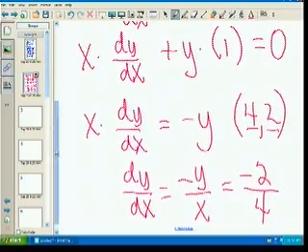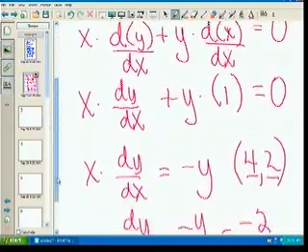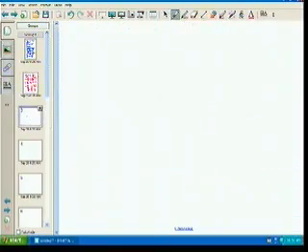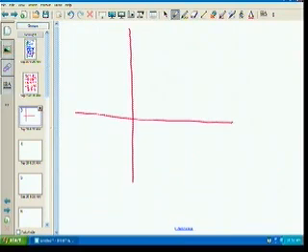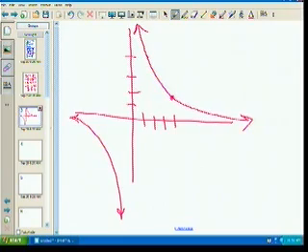So if we were to come back to our graph, is that on this page? No. It's not. Let's... So here's our point 4, 2. Okay, and we've got the other portion of the graph down here, but we don't care about that necessarily right now because we're concerned about what's the slope of the tangent at the point 4, 2.